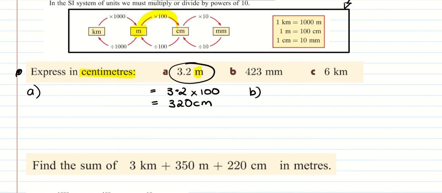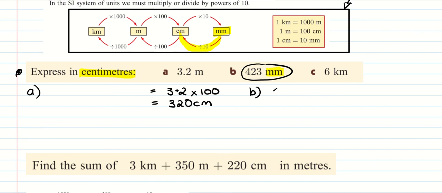Right. Now, I'm going to just rub all this out. The next one we're going to do is convert 423 millimetres to centimetres. So we're starting off with millimetres, which is here, and we have to get to centimetres. So you notice this time we're going on the bottom, which means that we've got to divide.